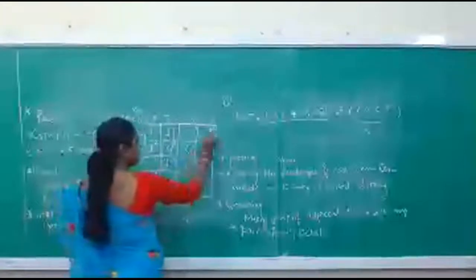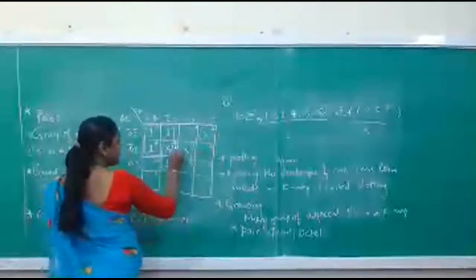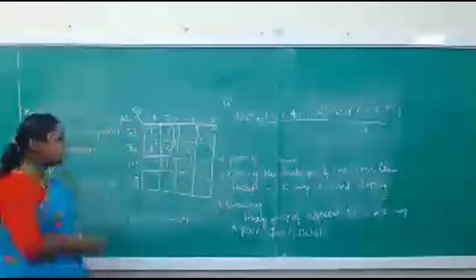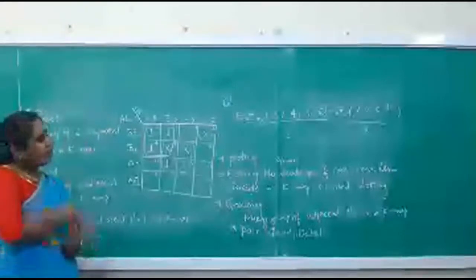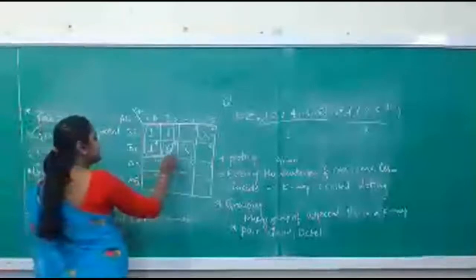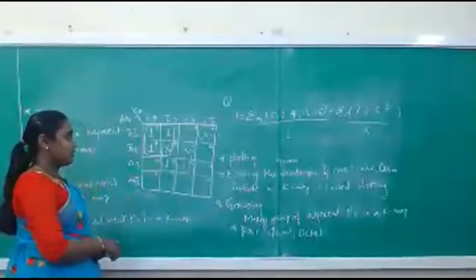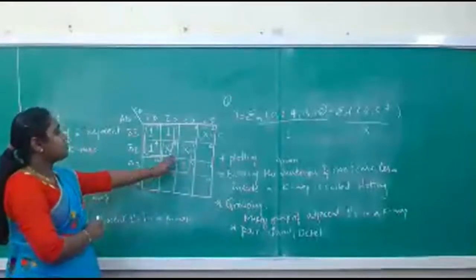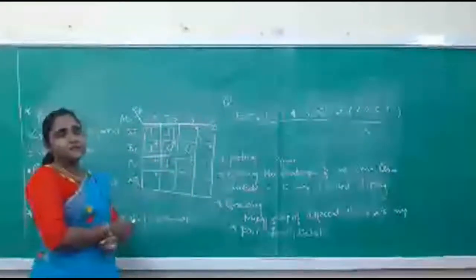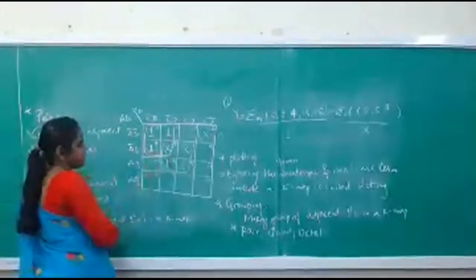This particular don't care term is considered as 0, whereas these two are considered as 1 because we are including them inside our grouping. So these don't care terms are considered as 1, whereas this don't care term is considered as 0. This is how the grouping is done.